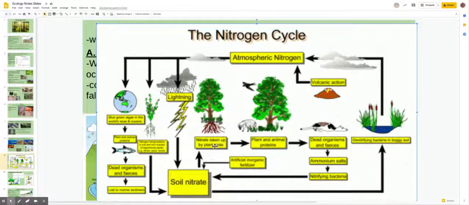The plants have the nitrogen in them now, and other animals can eat them. When those animals eat them, they get the nitrogen. If you are a vegetarian, vegetarians need to get their protein from plants.